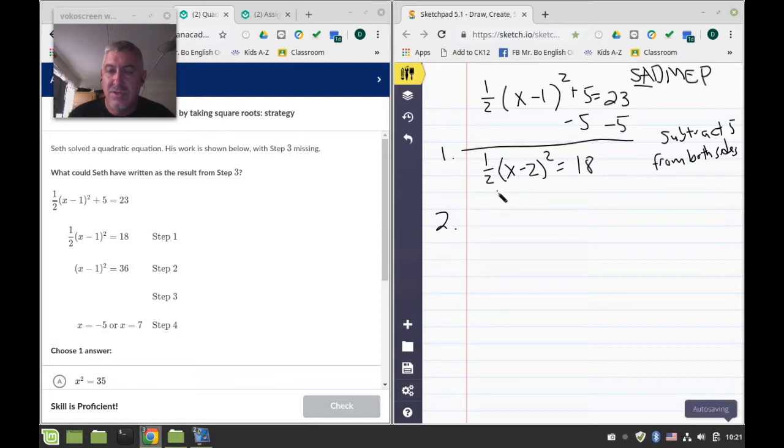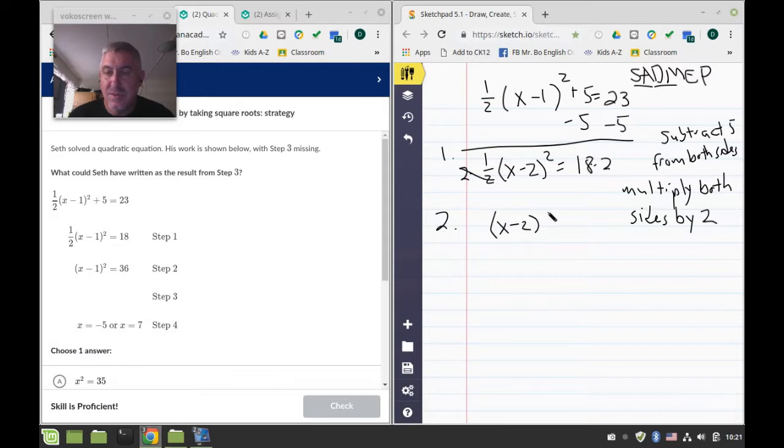Step 2: divide and multiply. Here I have 1/2 times, or divide by 2, so I'm going to multiply both sides by 2. Multiply both sides by 2, and 2 divided by 2 is 1, so I'm going to have x minus 2 squared is equal to 36.